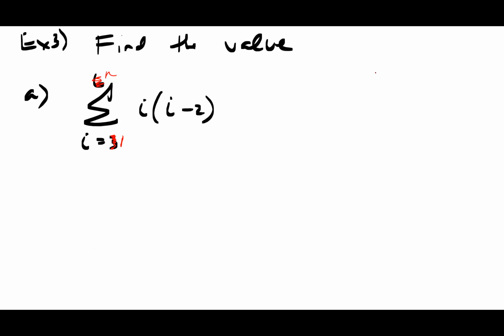If the same problem was, let's say we started at 12, then you say, okay, I'm going to start out with 1 to N, but I'm gonna subtract out the beginning part of it. So I'm gonna subtract out from 1 to 11, we good? And that'd be a value.